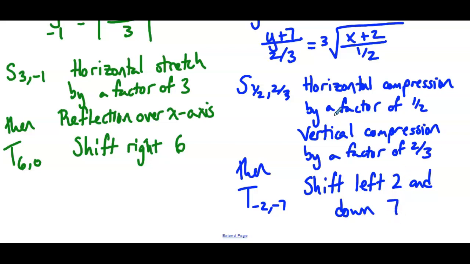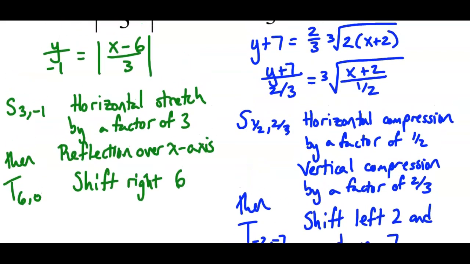So the hardest part really is writing everything out. Hey, looks weird to rewrite the function in that form, but by doing so, we can easily see the scale factor, easily see the translation, and if there's a reflection, that's easy to identify as well.